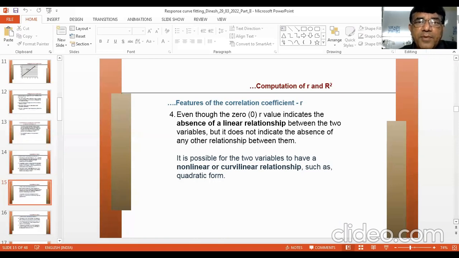They can have a curvilinear or some other kind of relationship. So it is possible for two variables to have a non-linear or curvilinear relationship. Means first we test whether it is linear or not. If it is linear, fine. If it is not linear, then we will look for another kind of relationship, that is a non-linear or curvilinear relationship.